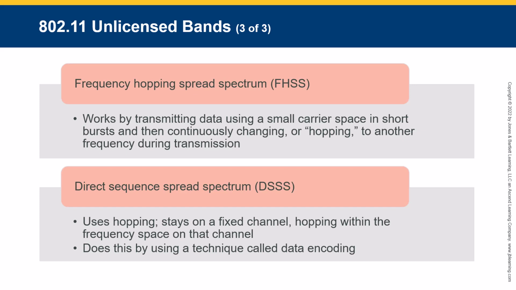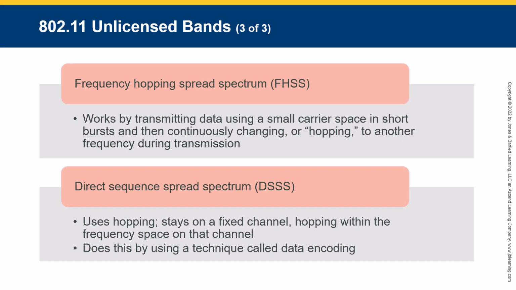We're going to do FHSS first, and it works by transmitting data using a small carrier space in short bursts, then continuously changing or hopping to other frequencies during the transmission. That way, if there is congestion on a specific frequency or band, you should be able to avoid it by jumping over the different bands.